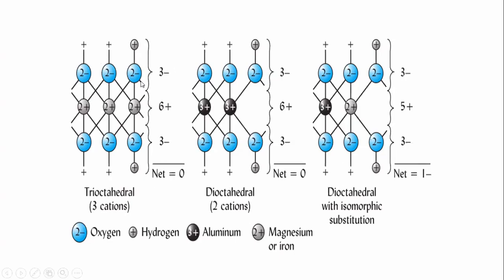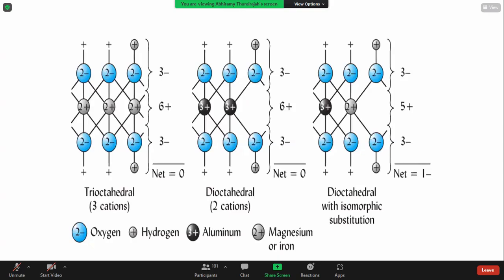Positive charge is 6. Net negative charge, what is this one? What is this element? Oxygen. Oxygen is there. So why are there 3 negative charges? One negative charge is almost shared here, right?